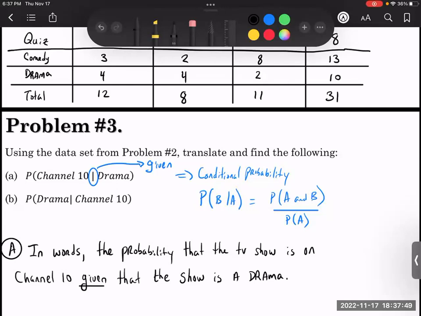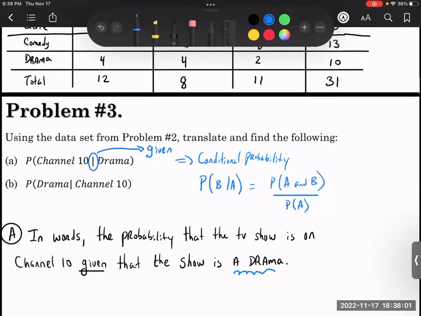The show has to be a drama show to be on channel 10. You first got to say that the show is a drama. That's right. So in the context of this problem, your first event, the event A, is drama.